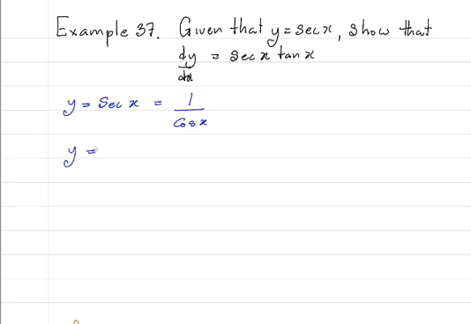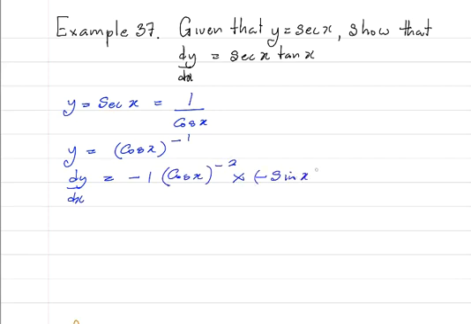So this is the same as saying y is equal to cosine x raised to the power minus 1. If we differentiate dy by dx, the power is going to come to the front. So we have minus 1 cosine x. The power decreases by 1, it becomes minus 2, times now the derivative of the inside function. The inside function is cosine x, and as we saw previously, when you differentiate cosine x, you're going to get minus sine x.